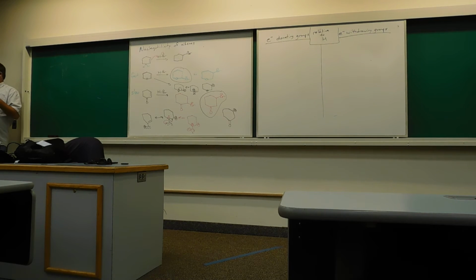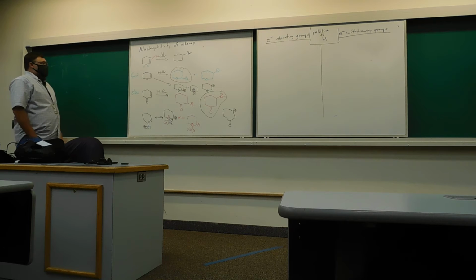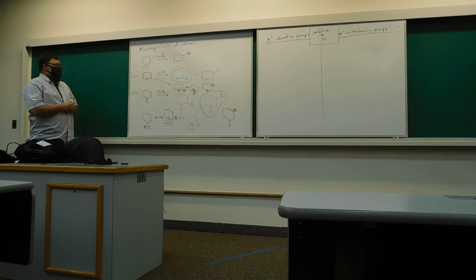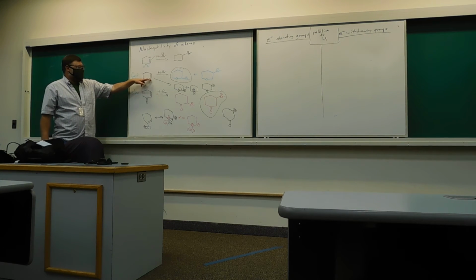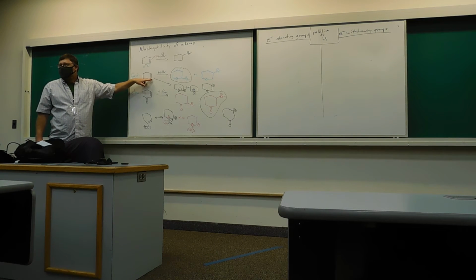Markovnikov's rule as it is stated in Klein, as Markovnikov published it, was a huge advance, but he was still missing something. You've got to think about it in terms of the cation. Reactions that go through carbocations go through the more stable carbocation. And so the other way to think about this again is how nucleophilic or basic is the pi bonding pair here.